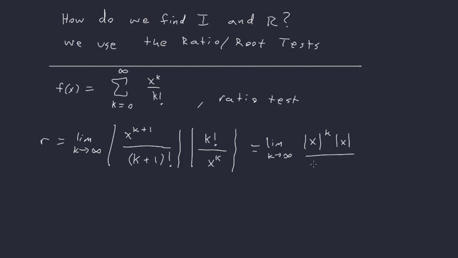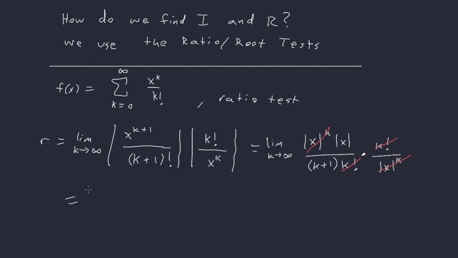This will be k plus 1 times k factorial. This here will simplify to k factorial over the absolute value of x raised to the k. And we have a lot of things canceling, right? These two guys cancel, the factorials cancel.